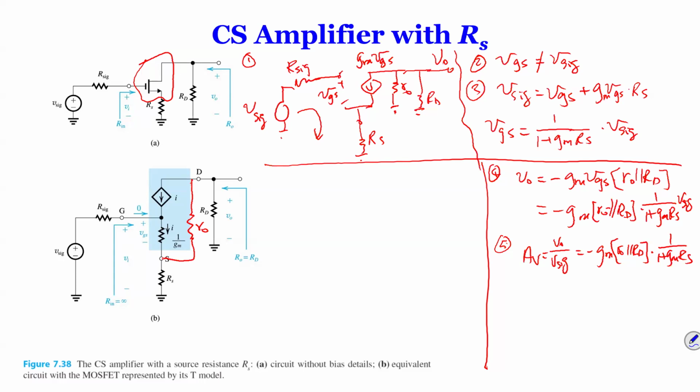But what I wanted to go further is we want to find out what is the input resistance and what is the output resistance. So let's go. And number 7, I'm going to find out how much is the input resistance.